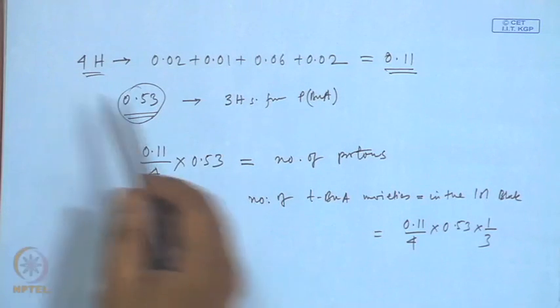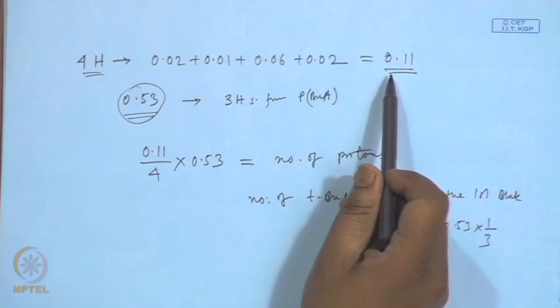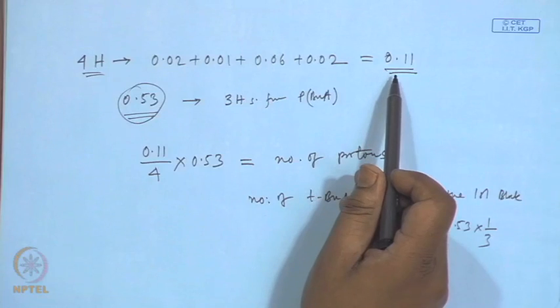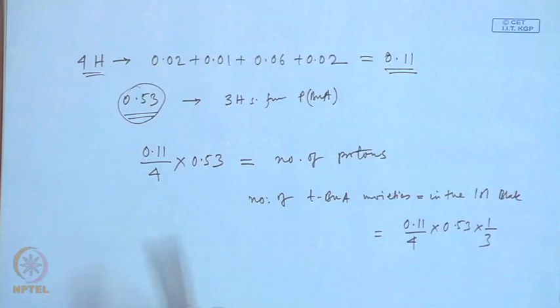Four hydrogens correspond to 0.21. So, 1 hydrogen corresponds to... there may be a mistake I am making here. So, this could be okay, fine.